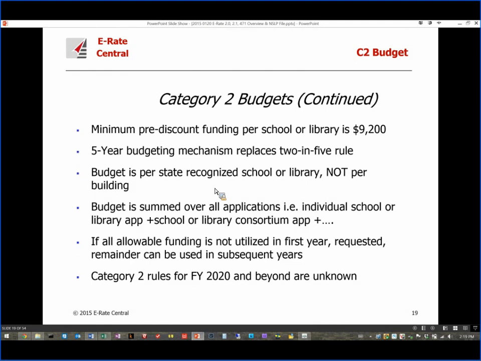Ultimately, that has to be reconciled so that the entire budget for either the school or the library is not exceeded because of the multiple filings. And from last we heard, first one in wins.